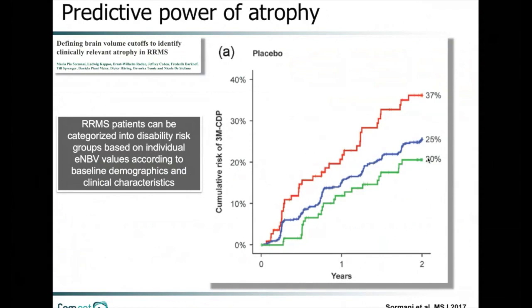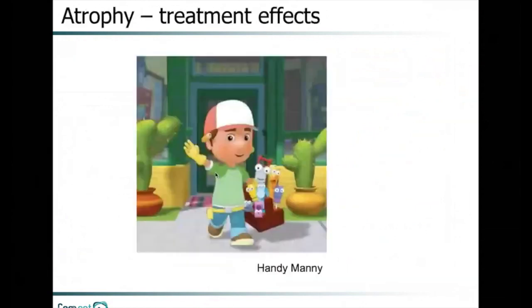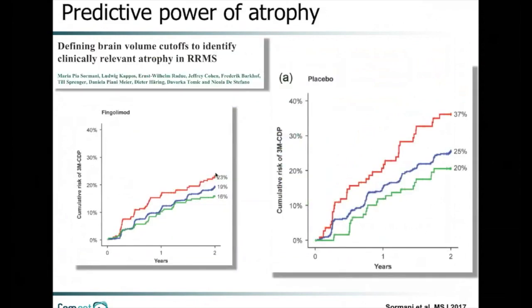By the way, and we will see this in a minute, if you treat these patients, in this case with fingolimod, you are able to change the fate of these placebo groups by, this is very fashionable now, flattening these lines. So we know that there's atrophy ongoing in MS.